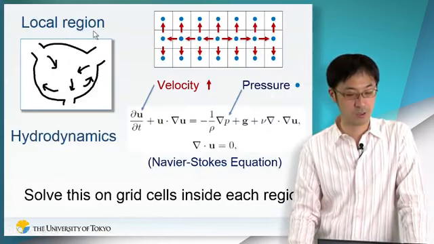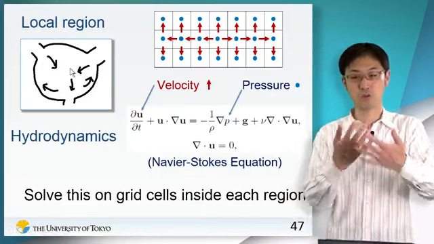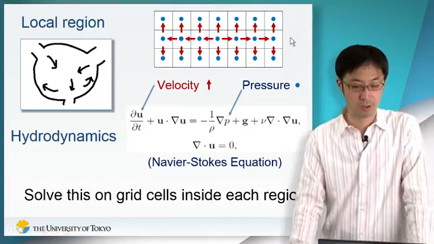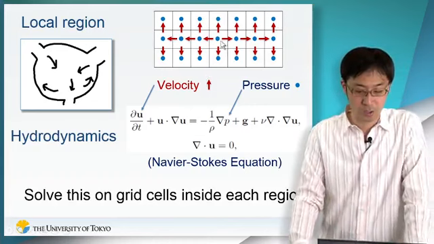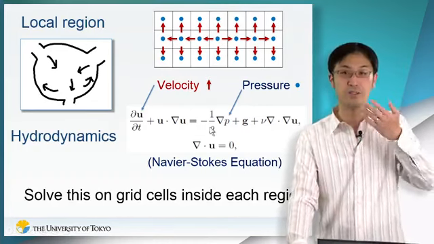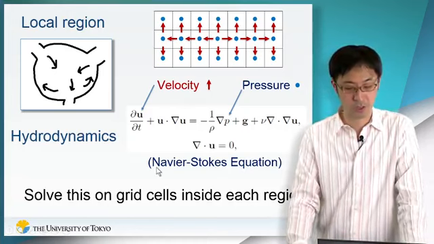So for each local region, we divide it into lots of grid cells like this one, and for each grid cell, we compute pressure and velocity. And in order to compute individual pressure and velocity, we use a very standard established fluid equation called the Navier-Stokes equations.